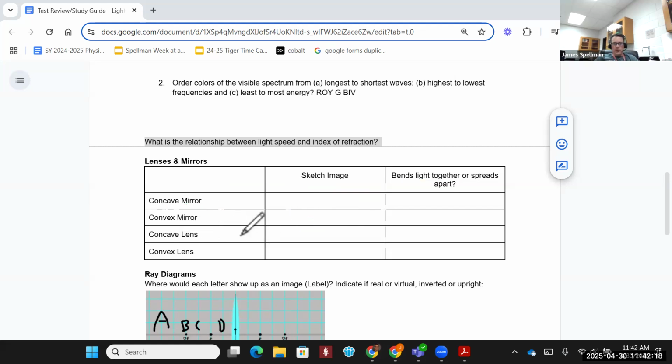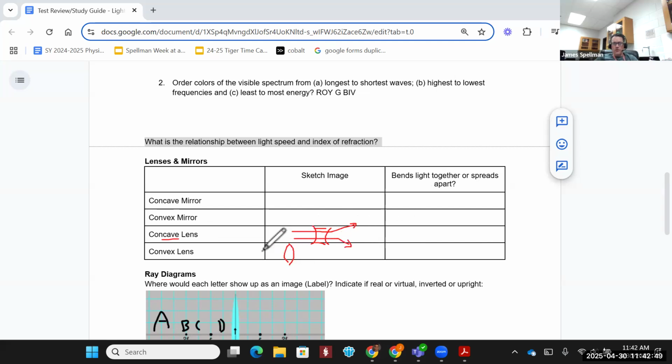Now lenses, slightly different, but you can think of the same thing. Something that's concave is going to have an inward curve. Something that's convex, if I try to draw this, is going to be more like your eyeball, which is shaped more like this. And again, the curvature here is the opposite. A concave mirror bent light together, but a concave lens, when the light goes through, pushes it apart.